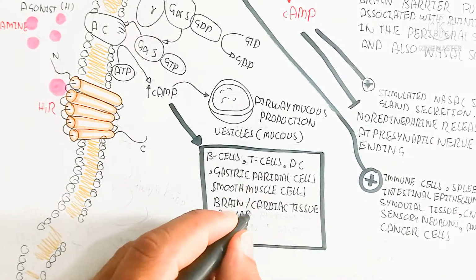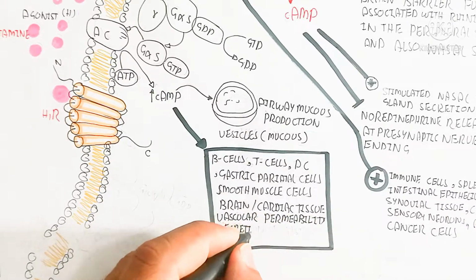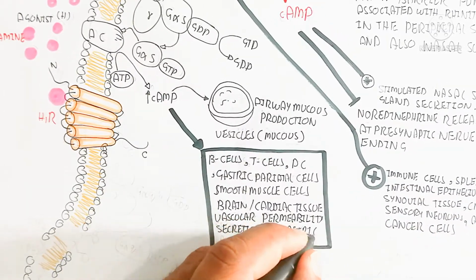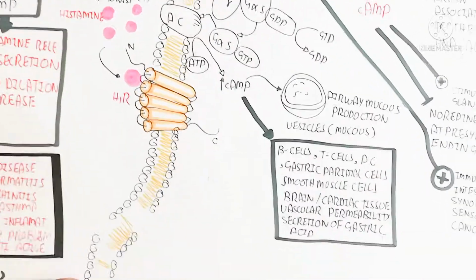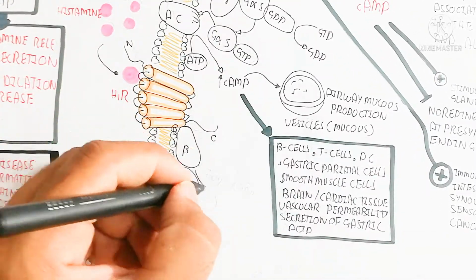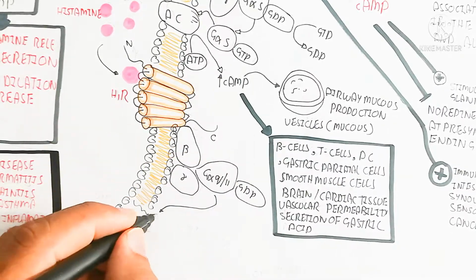Cyclic AMP also acts in B cells, T cells, dendritic cells, gastric parietal cells, smooth muscle cells, brain, as well as cardiac tissue. Vascular permeability and secretion of gastric acid will be enhanced due to this activity.